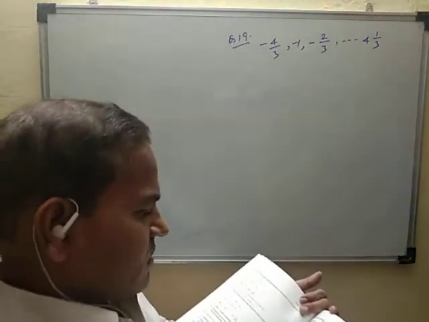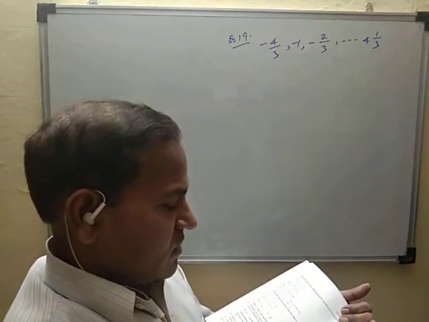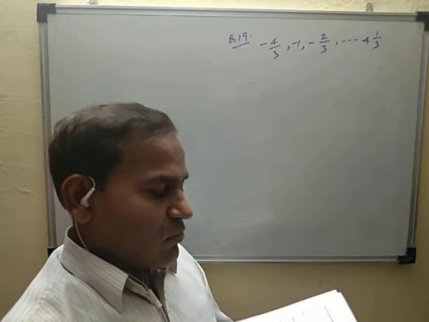Question number 19: find the sum of two middlemost terms.